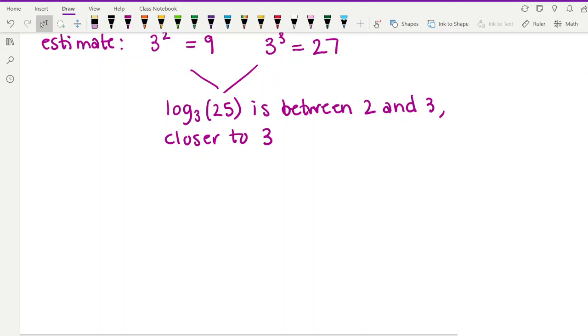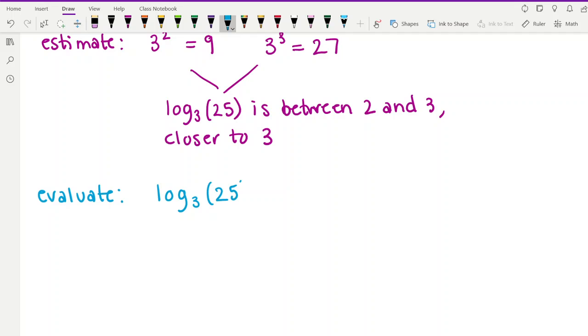Okay, so how do we actually evaluate this? Well, that's where the change of base formula comes in. So we're trying to evaluate log base 3 of 25. It's up to you whether you want to use ln or log. Either way is fine. But the important thing is that in the numerator, so let's do it with ln, you're taking the logarithm of your original input, so that's 25.